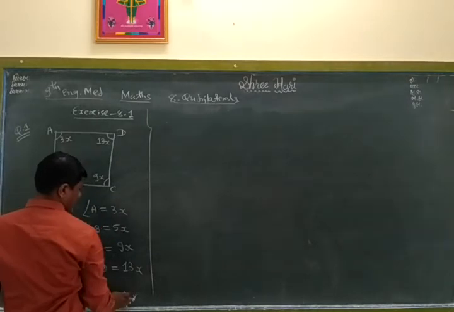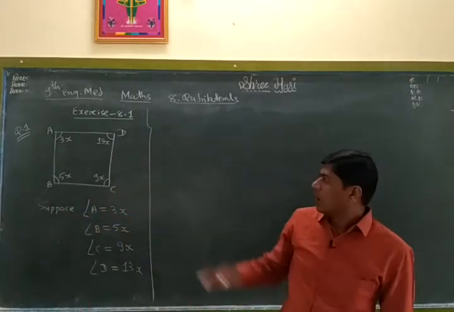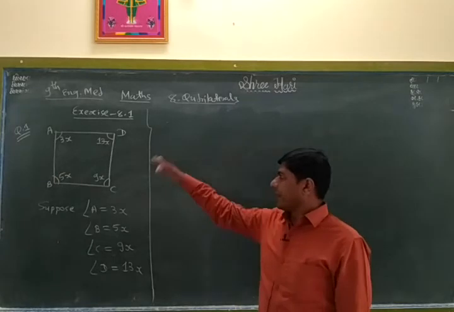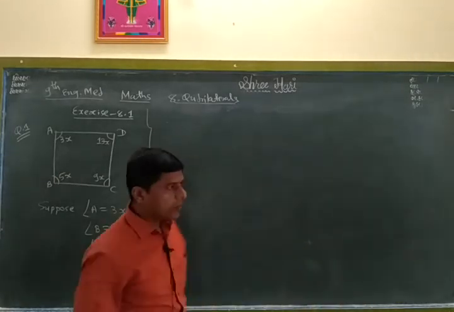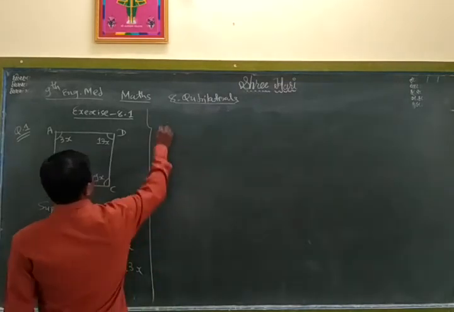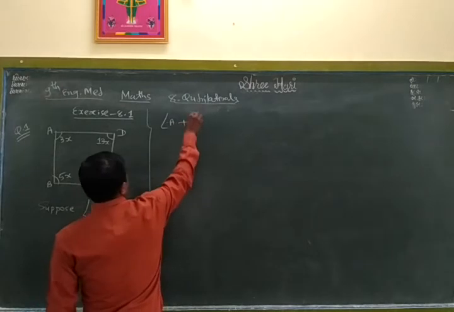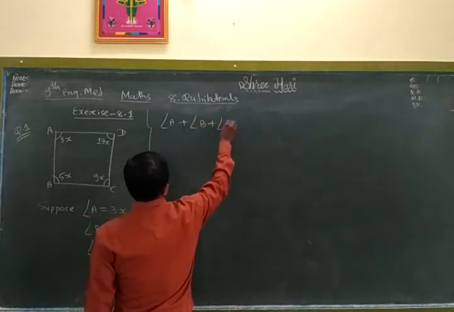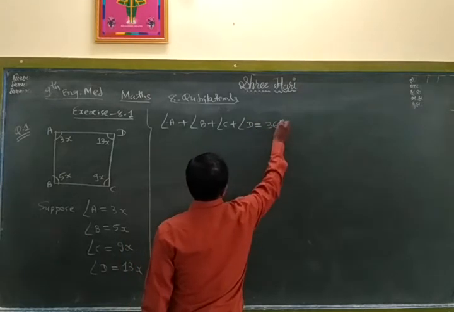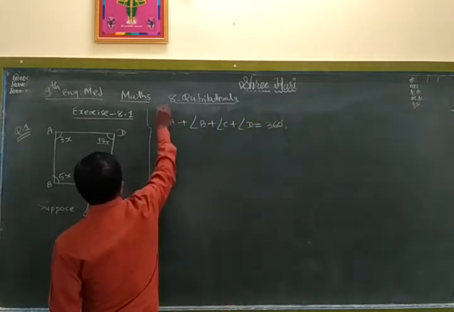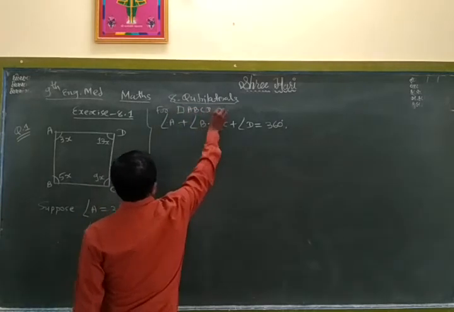Now we take the sum of all angles, which is 360, we know that. So angle A plus angle B plus angle C plus angle D is equal to 360 for quadrilateral ABCD.